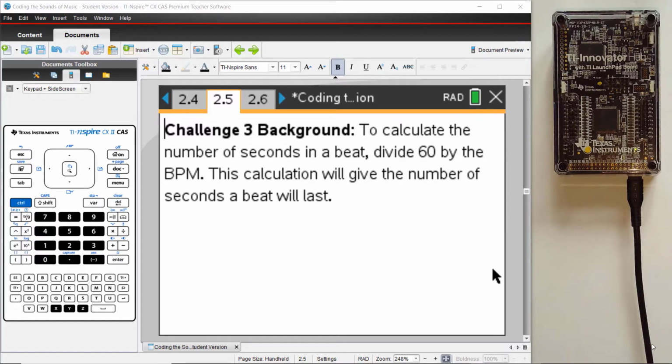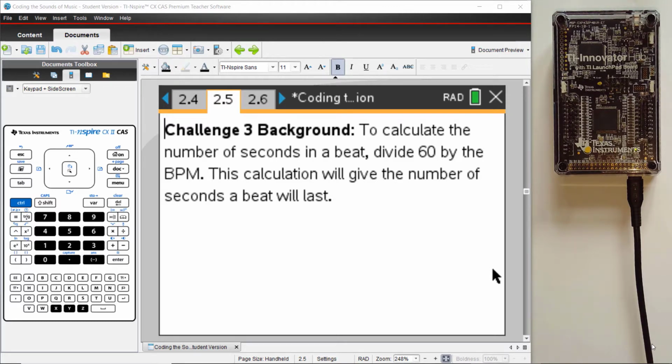You'll recall in the last activity when we learned about the metronome, we said the metronome is like a swing set, and that the time it takes for the swing to go back and forth is called the period. That's actually what we're calculating here: the period for the tempo at a particular number of beats per minute.